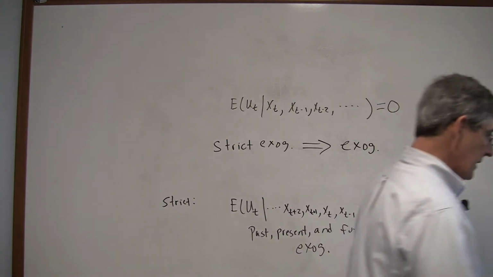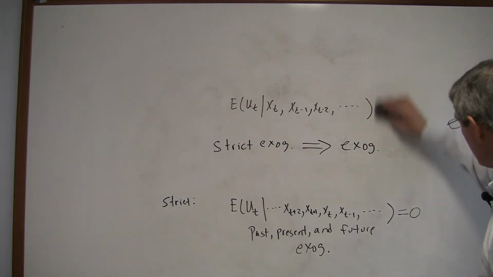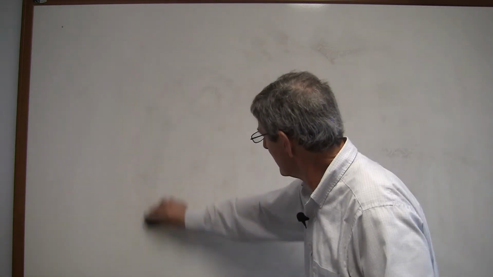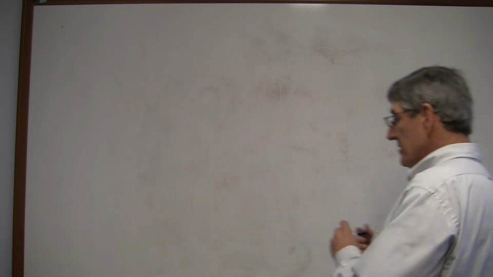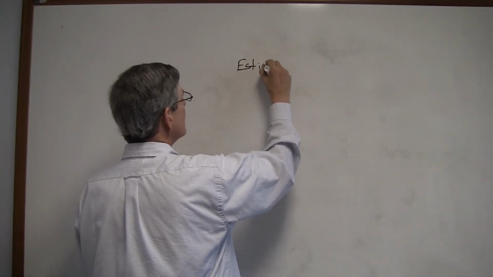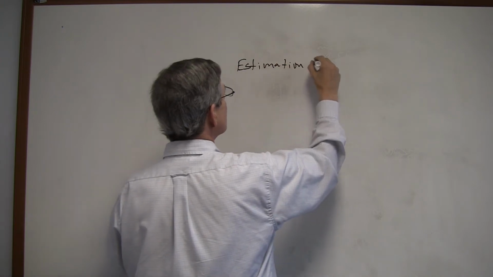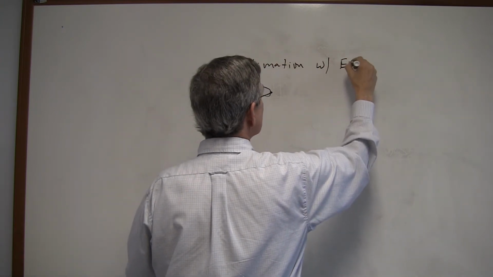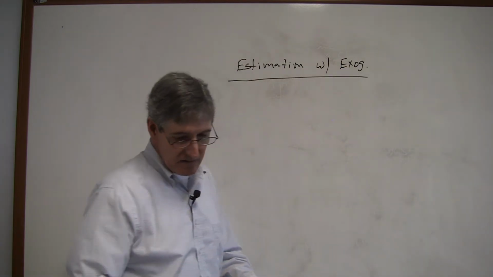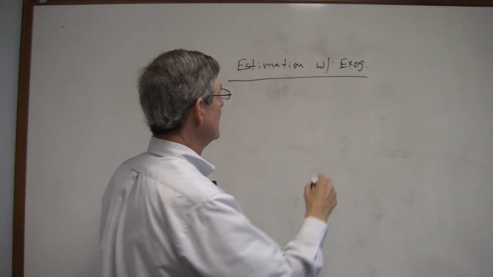All right, let's go through the assumptions. So now we're going to look at ordinary exogeneity. Let's look at estimation with exogeneity, not strict. So this is just ordinary exogeneity.